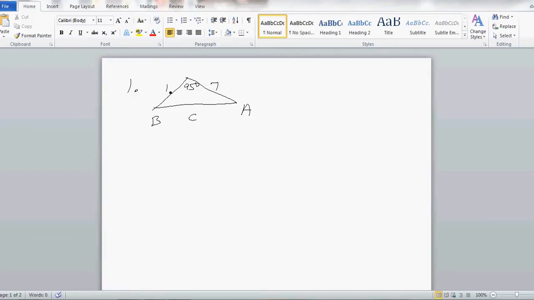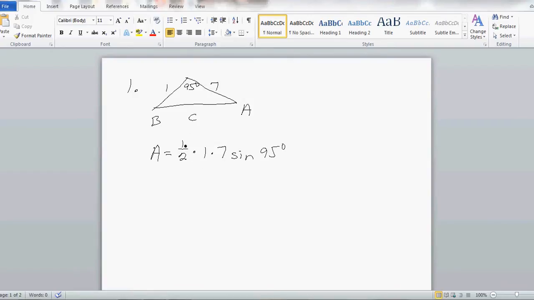Now, in a side angle side situation, the area is always, and in the book they show it as K. I'm not really sure why they choose K. There might be an explanation in there. But basically it's always 1/2 the two sides that we know times the sine of the included angle.